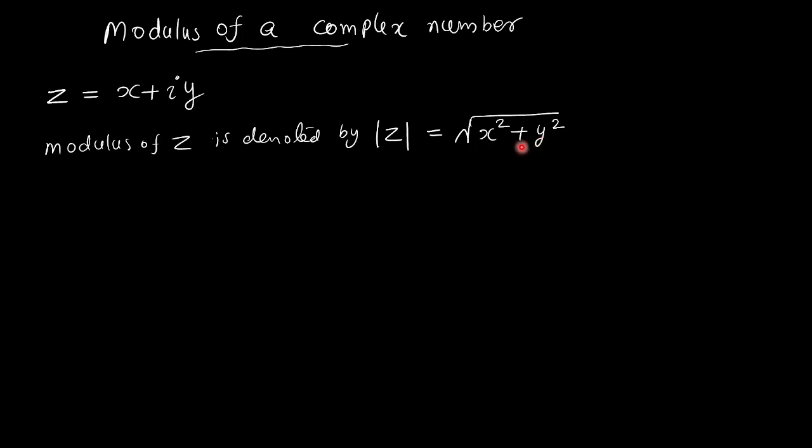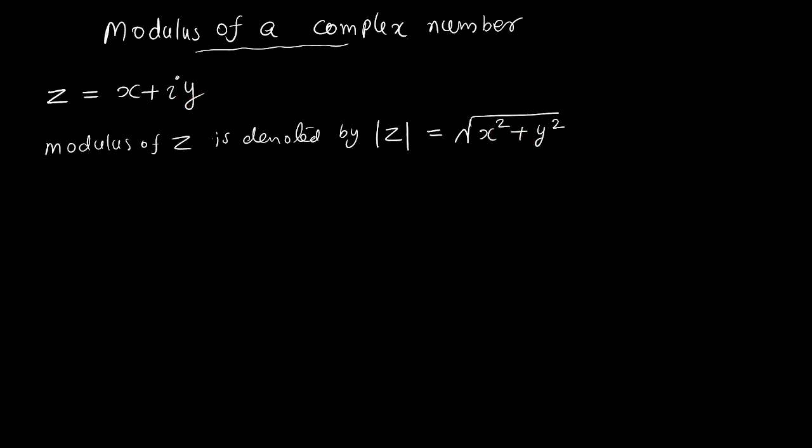For the time being, just memorize this. Modulus of z is denoted by mod z, and it is equal to root of x square plus y square. Please remember this.